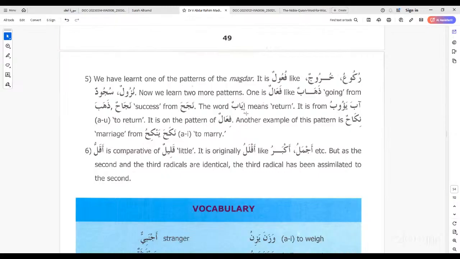The word iyabun means return. It is from ab yaubu, to return. It is on the pattern of fi'alun. Another example of this pattern is nikahun, marriage, from nakaha yankihu, to marry.